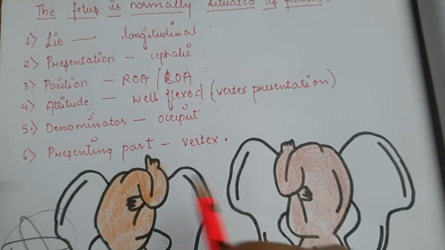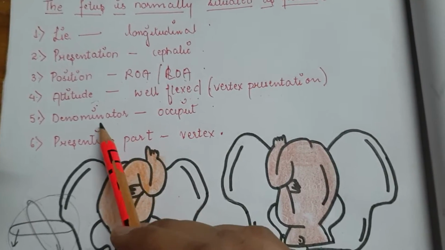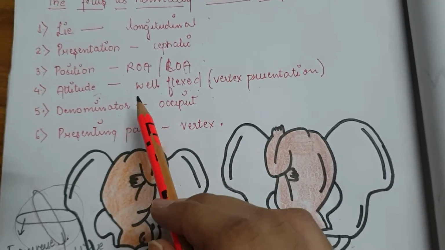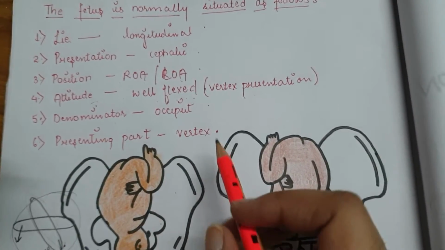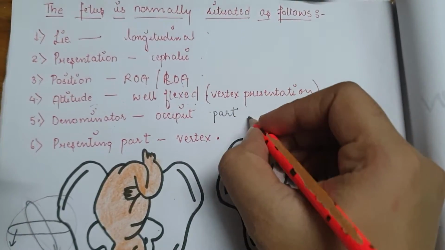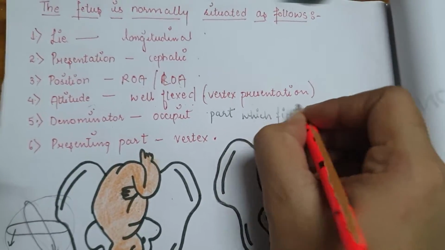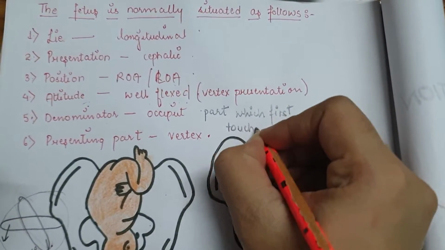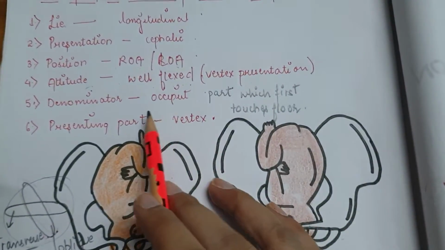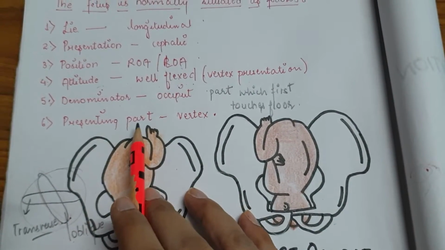Next is denominator, which is occiput. What is the meaning of denominator here? The part of the fetal head which first touches the pelvic floor, that is the occiput. Next is presenting part.